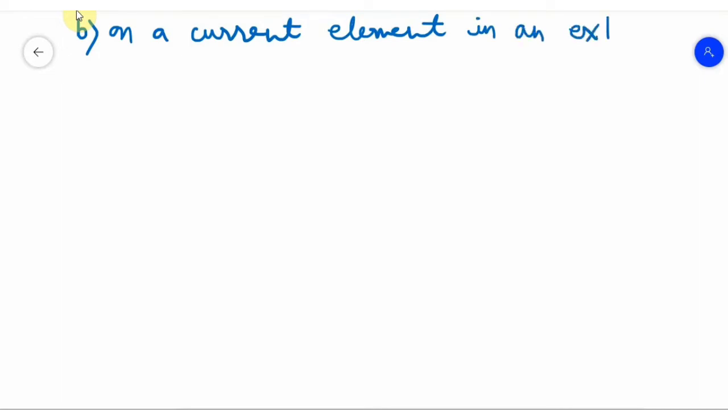So this is the second way for the force due to magnetic field.